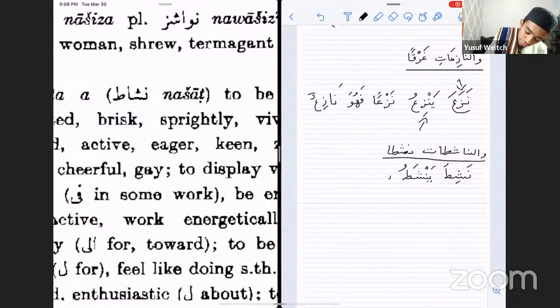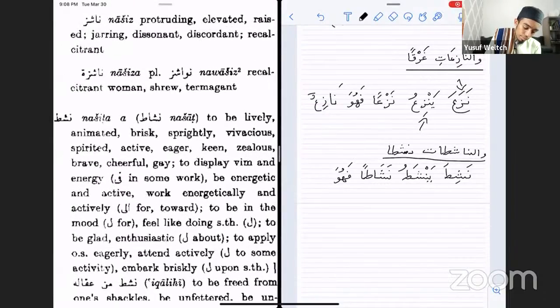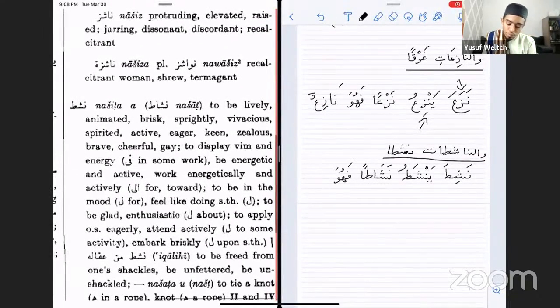Good. But we're going to use it mansub, nashatan. Fahuwa. How do you do the ism fa'il? What's the ism fa'il of nashita?